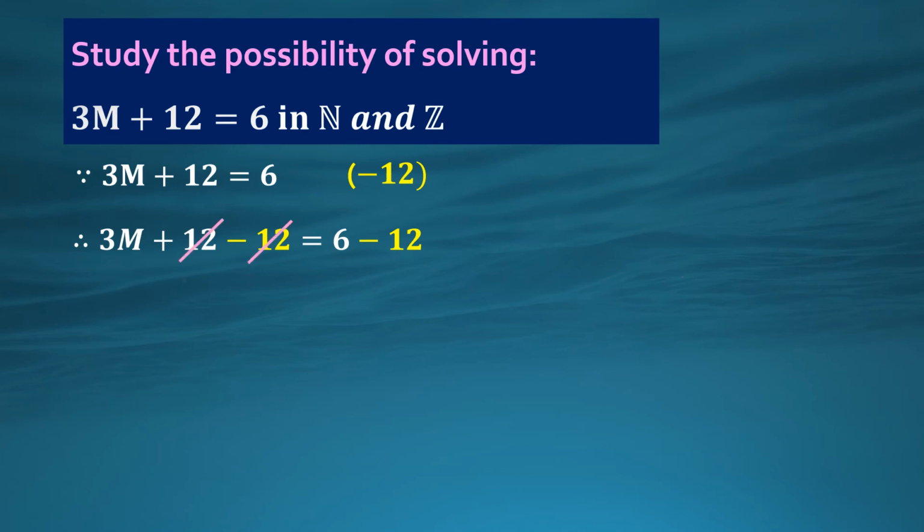We will cancel 12 with negative 12 to get the left side is 3m, and the right side will be equal negative 6.